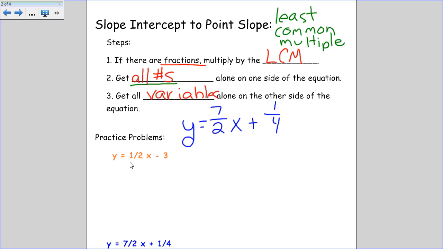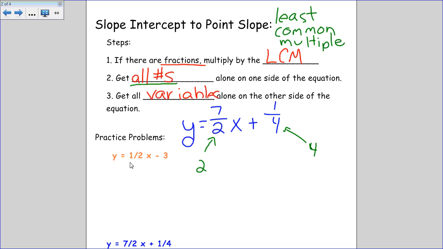If there are fractions, do we see fractions? Ugh, I know, they're terrible. All right, this fraction has a denominator of 2, and this fraction has a denominator of 4. Okay, which number is bigger, 2 or 4? 4 is bigger. You're always going to pick the bigger number.